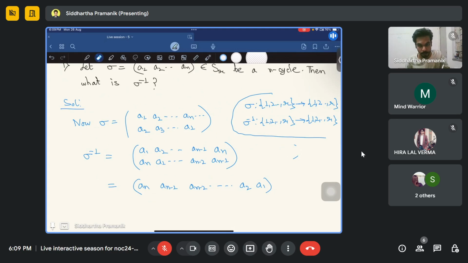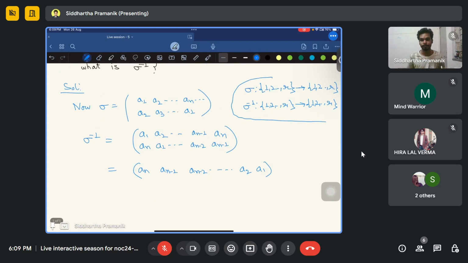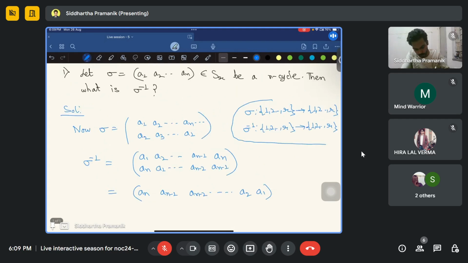Do you have any doubt in this? Okay, so let's move on. Just remember, if you have an n-cycle like this, then let me prove that sigma inverse is just (an a(n-1) ... a2 a1).